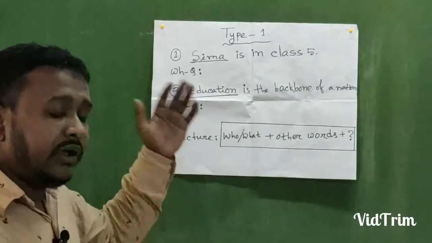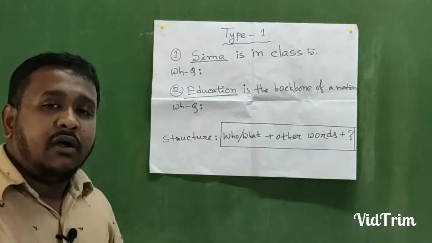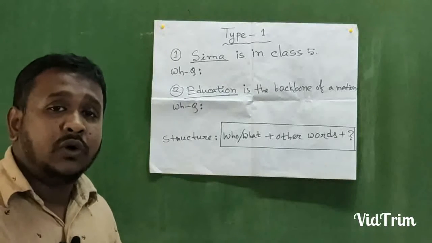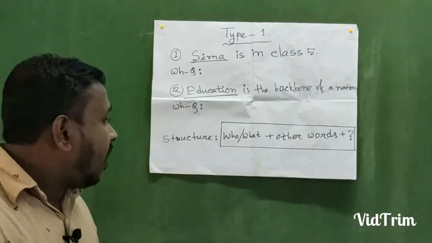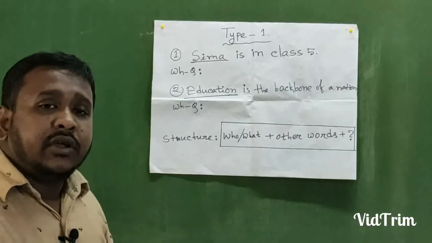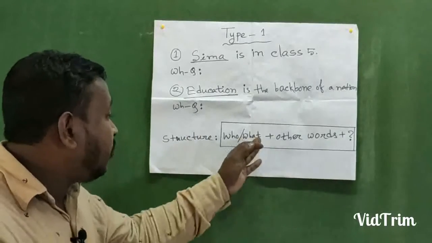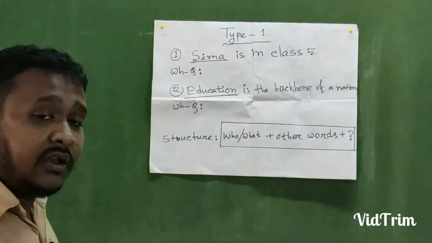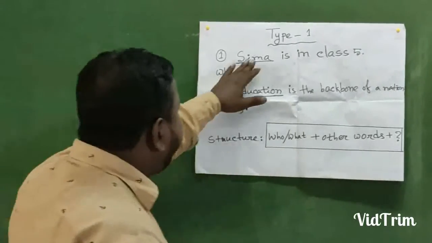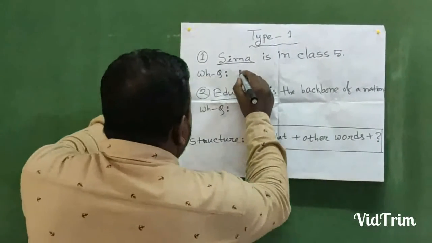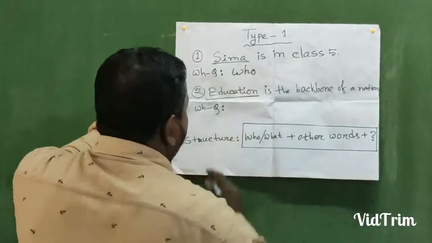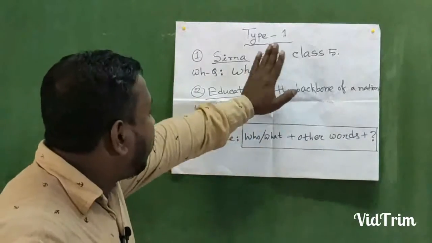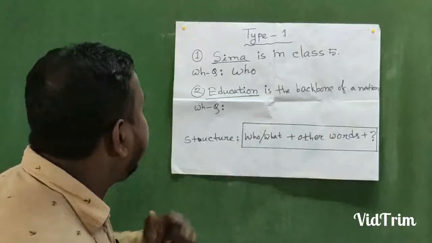Here, who. In the previous class we learned that for a personal subject we have to use who, and for an object used as subject we have to use what. So the first one, let's make the question. For Shima, we have to use the word who, and the structure says that other words will be the same. So it's very easy.